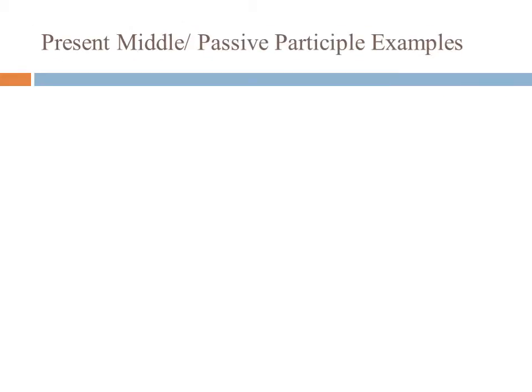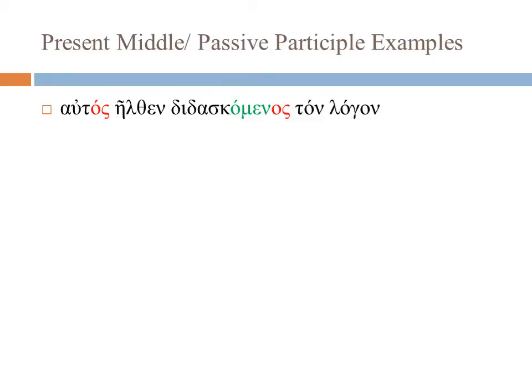So let's look at the examples for the present middle passive participle. Autas eothen didaskaminas tan logon. In this case, we would identify the participle didaskaminas, and at the end of it we see that men, that amen, before the second ending.